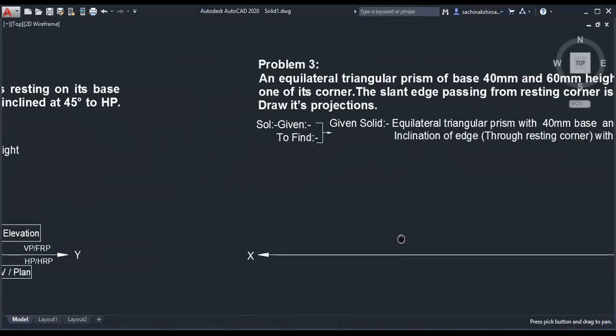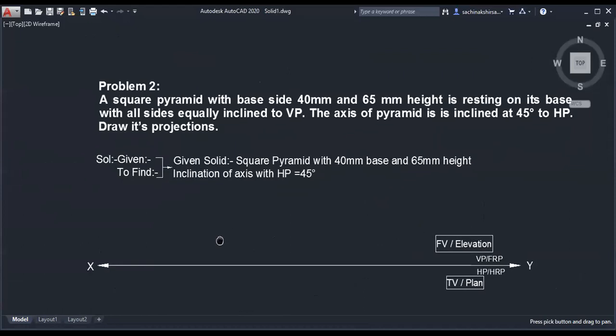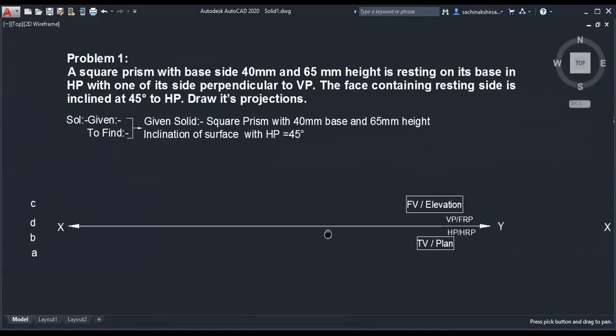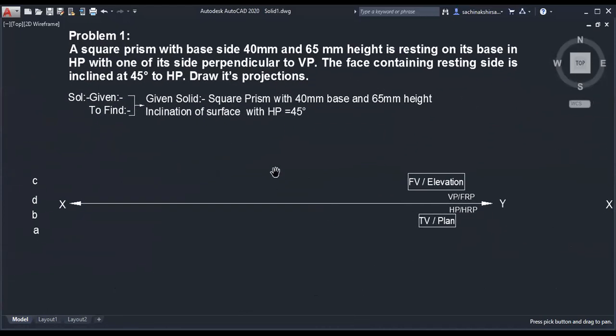Now let us see the problem. Simple problems again. First problem from this, for the introduction only. Shall we start? Problem number 1. Who will read? Now we will start the problems. Who will read the problem?